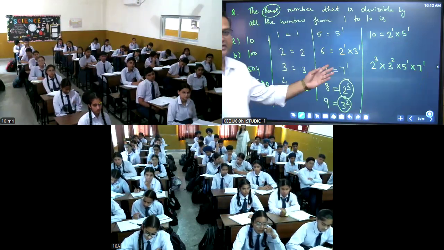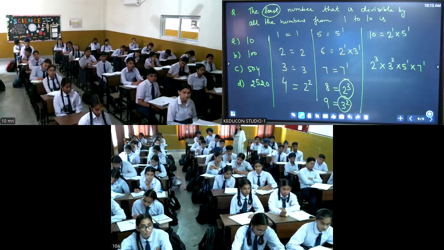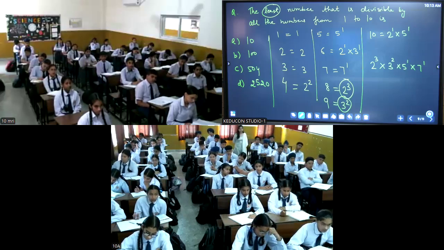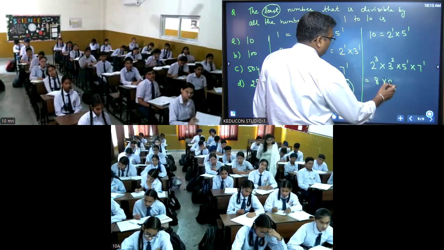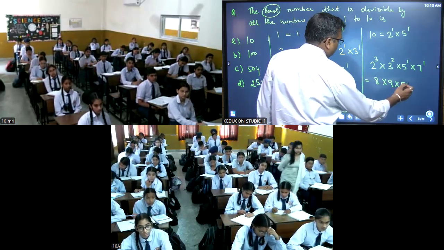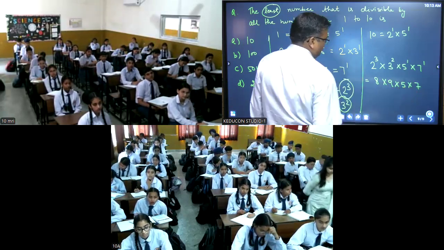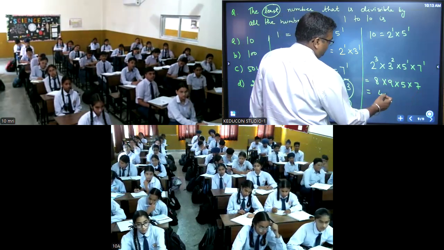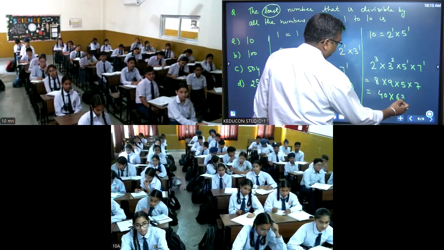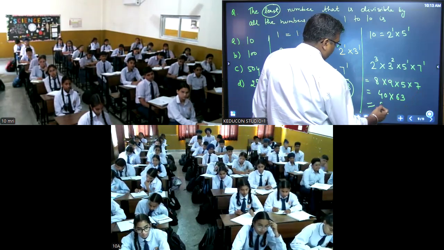So take their product. Understood? What does it come out to be? 8 into 9 into 5 into 7. 2520. This comes out to be 2520.